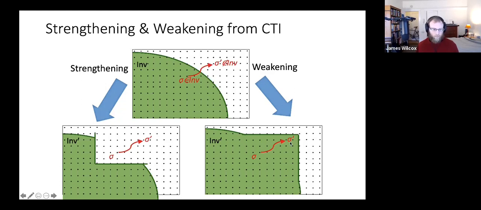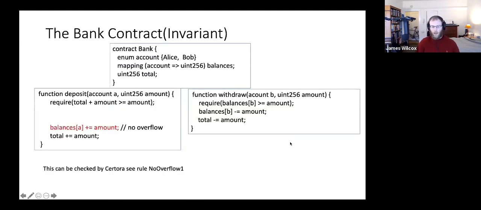Okay, so let's return to our very simple smart contract, and let's take a look at a property that we might want to show. So if we look at the implementation of deposit, what the programmer did here was they were trying to fit their code on a slide. So they didn't want to use safe math because safe math doesn't fit on a slide.